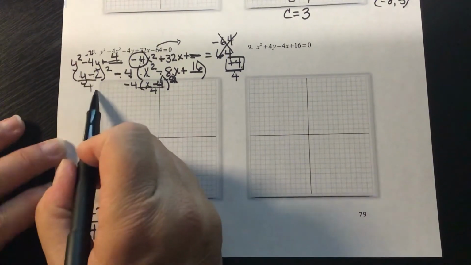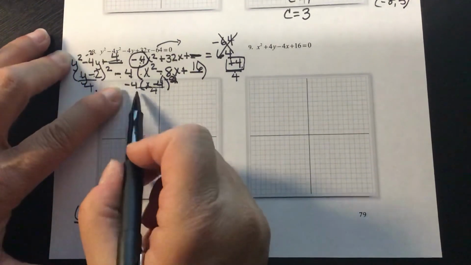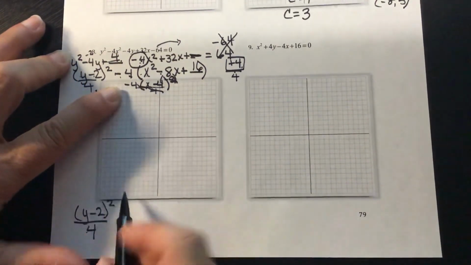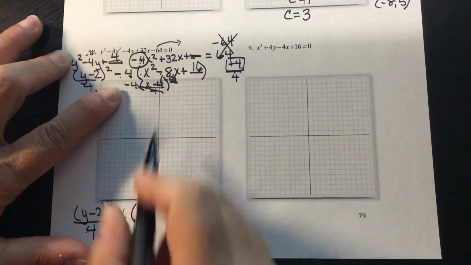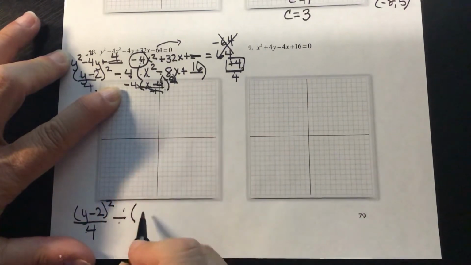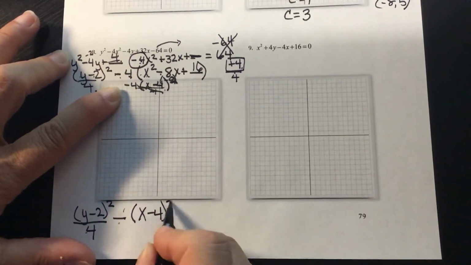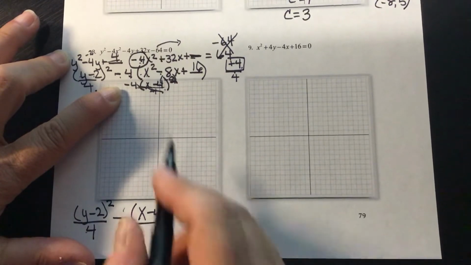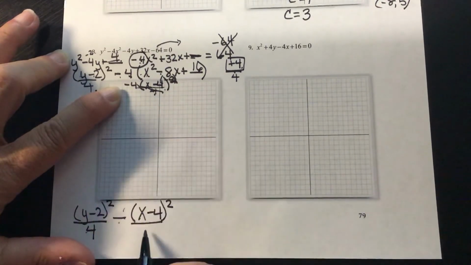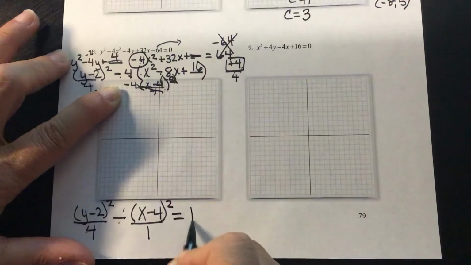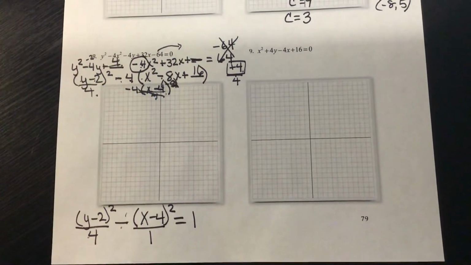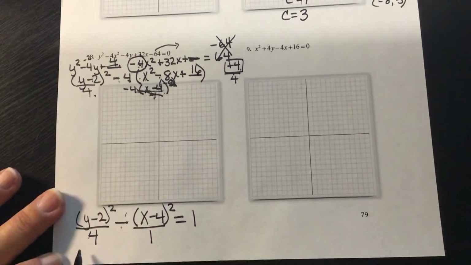I have to divide by 4. Here the 4's will cancel. So I have minus x minus 4 squared over 1. And that equals 1. All right, so this is a hyperbola.